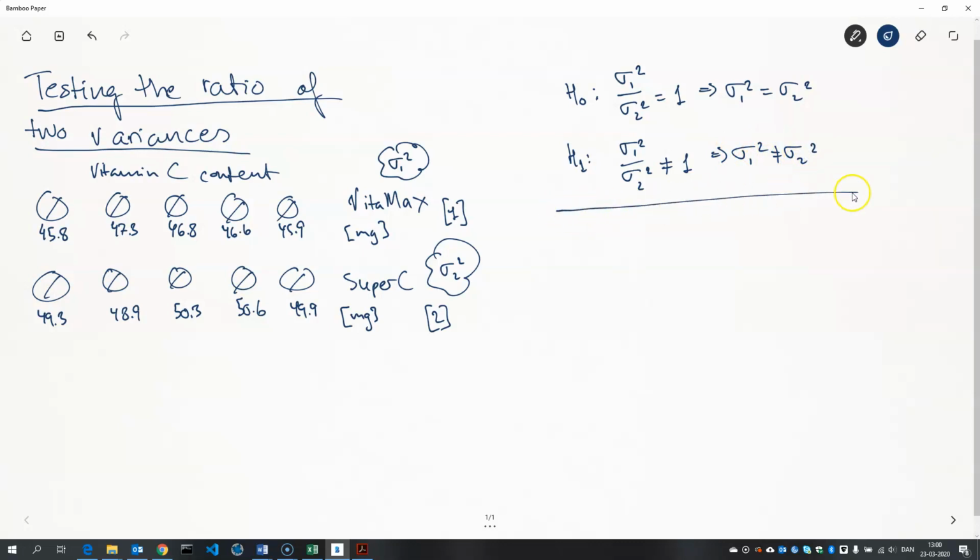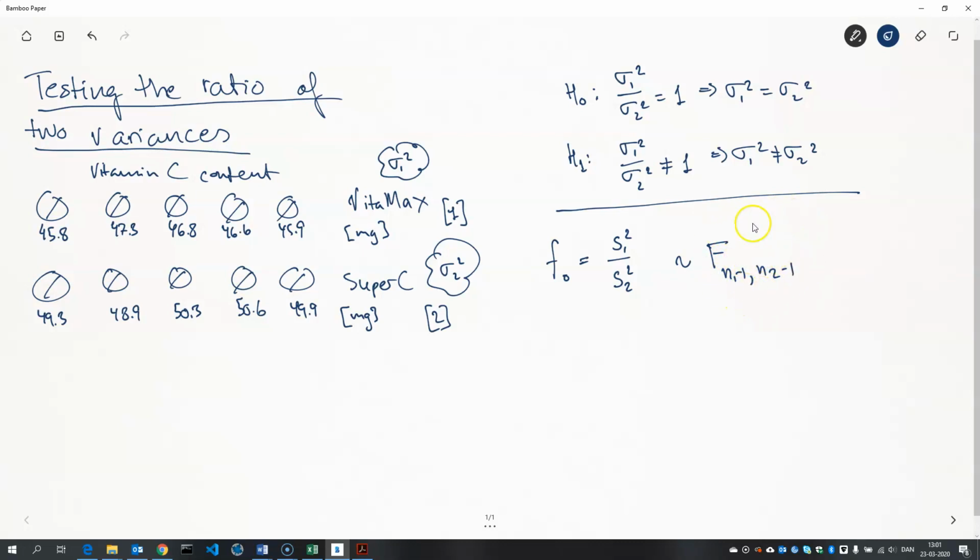Right. So in order to test these hypotheses, we have to compute a test statistic that has a known distribution, and the one we need to compute is the F Test Statistic. It's the sample standard deviation of the first sample divided by the sample standard deviation of the second sample. This test statistic has an F distribution with n1 minus 1 degrees of freedom and n2 minus 1 degrees of freedom.